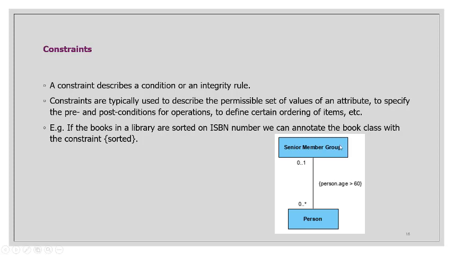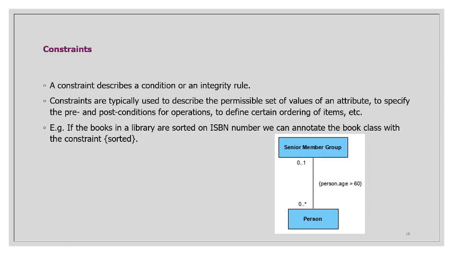class with a constraint. So here in this example, the constraint is senior member group and person. If the age of the person is greater than 60, then he is in the senior member group.